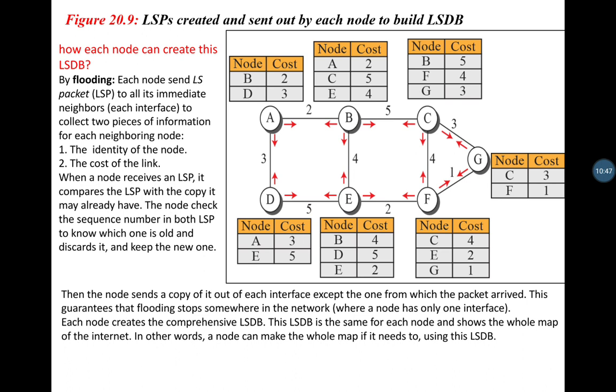With respect to A, the immediate neighbors are B and D, and the costs are entered. With respect to B, the immediate neighbors are A, C and E. With respect to C, the neighbors are B, F and G. With respect to G, the neighbors are C and F. With respect to F, the neighbors are C, E and G. With respect to E, the neighbors are B, D and F. It should be F. And with respect to D, the neighbors are A and E, and the cost is also entered.